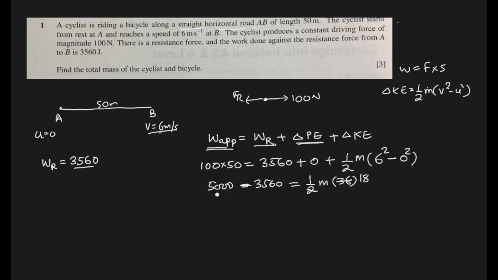All right, so now 5000 minus 3560 will be 1440 equal to 18m. Divide both sides by 18. So 18 times 8 is 144. So m becomes 80 kilograms. This mass of cyclist and its cycle is 80 kilograms.